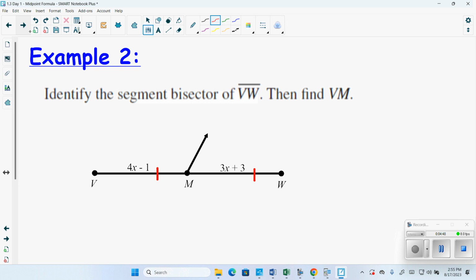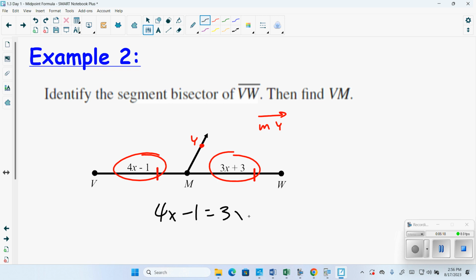Next one. Now, I have a little bit of an issue with this particular question. I think this should be ray, and then make it a letter. So the segment bisector for this picture is ray MY. Now, if that wasn't there, I would technically say that the segment bisector is the point M. Now, if these two are equal, then 4x minus 1 equals 3x plus 3.